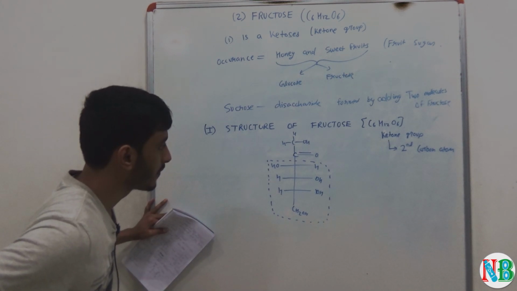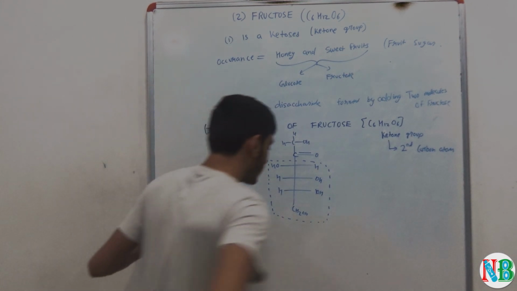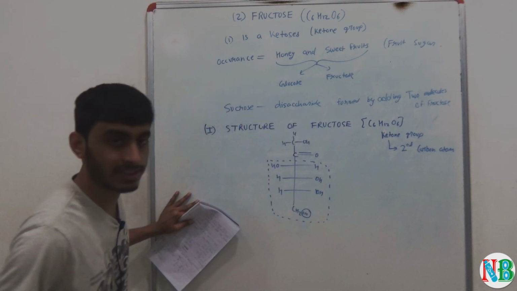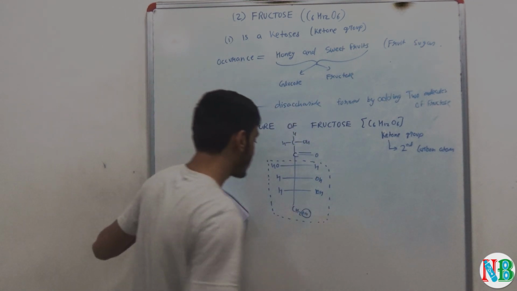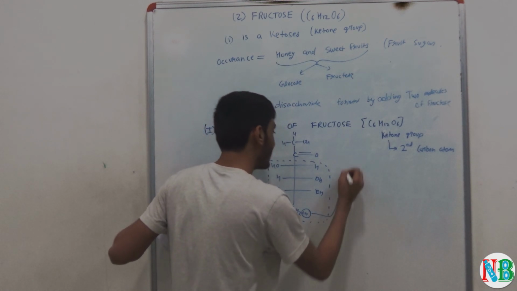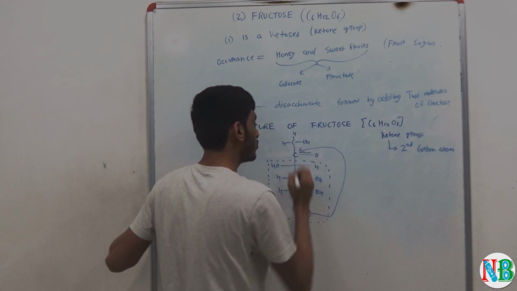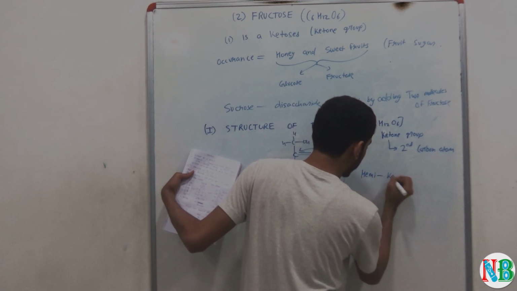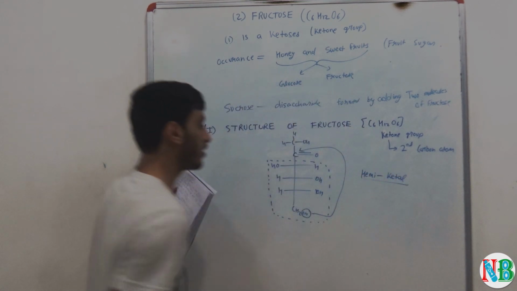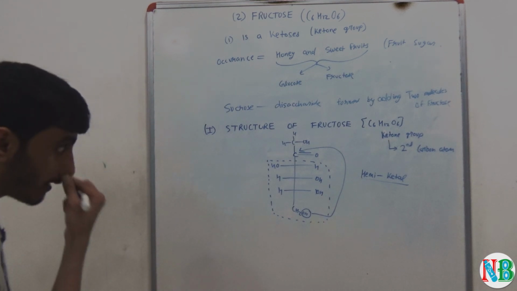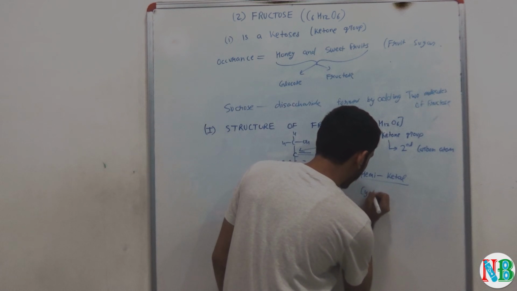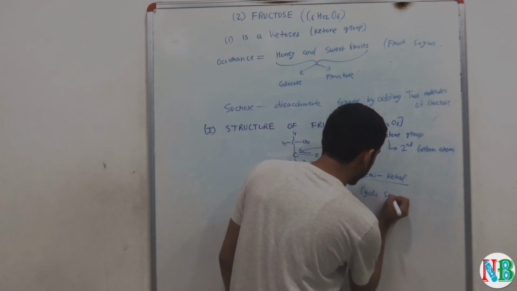Now what happens is that this OH group on the last C atom reacts with the second C atom to form a hemiketal. This forms a cyclic structure in a similar way to glucose.